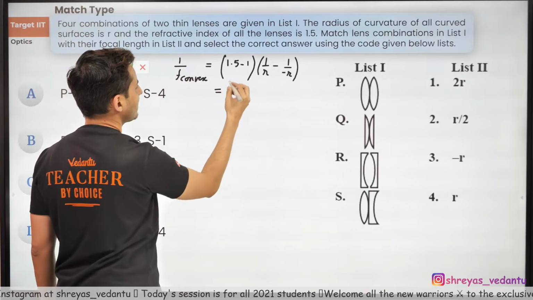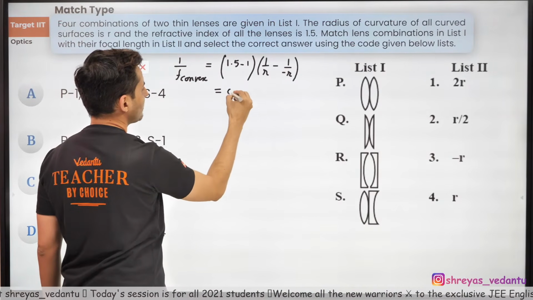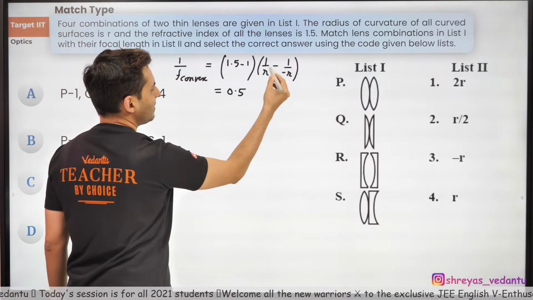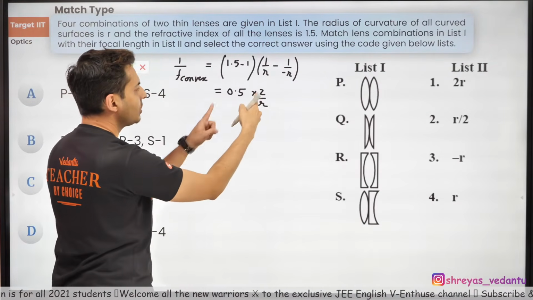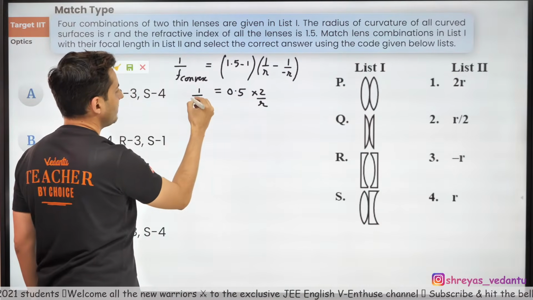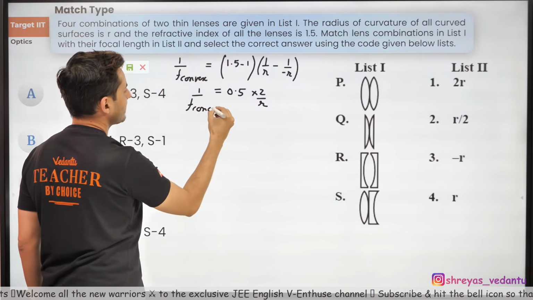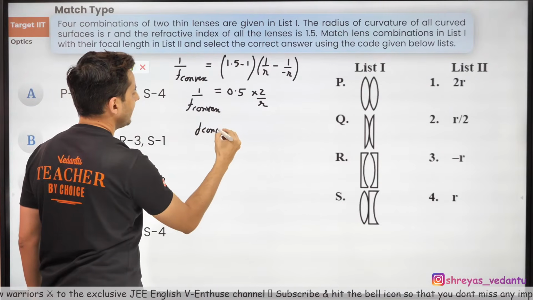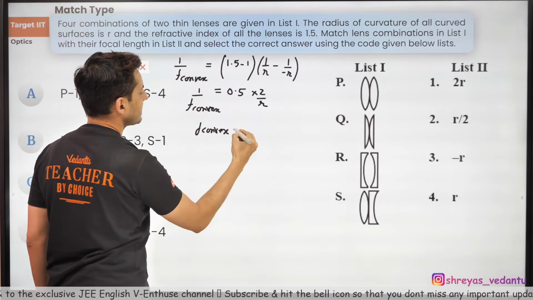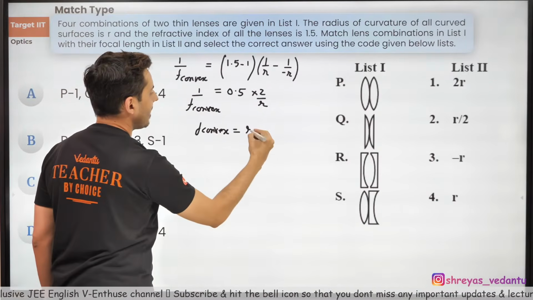If I solve this, 1.5 minus 1 is 0.5. Minus minus will become plus, so into 2 by r. So 0.5 into 2 is 1. So this is 1 by f of that convex lens, so f of that convex lens will be nothing but just r itself.